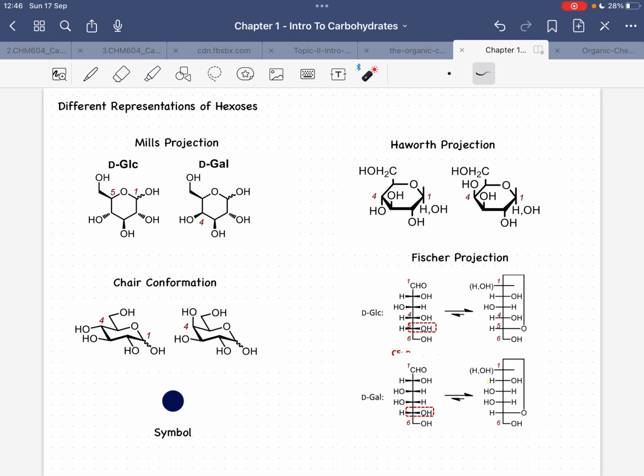Haworth and Mills. Mills projection is like naa ka sa top niya, nagtan-aw ka sa ubos, nakita nimo ning molecule. Kung mayroon kag heavily shaded bond, it's leaning towards you, and kung hashed, it is away from you. So palayo siya sa imo or nasa likod.